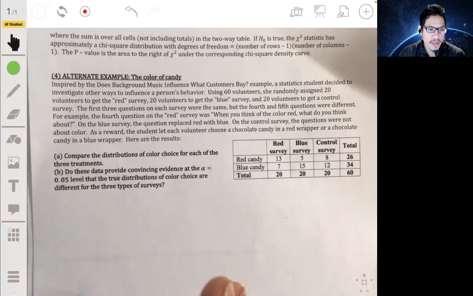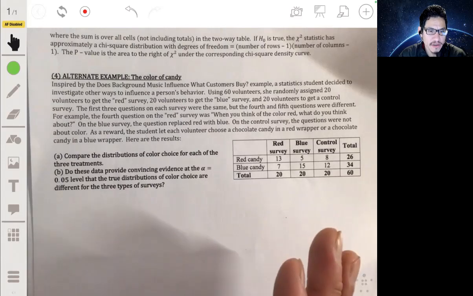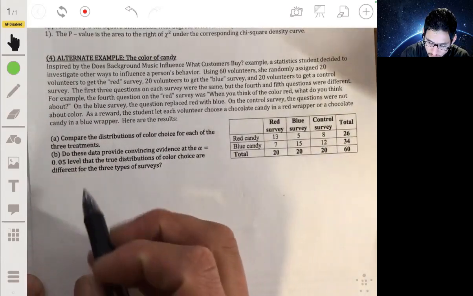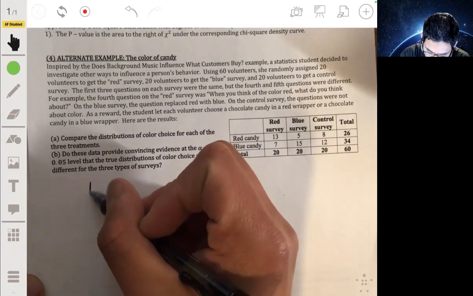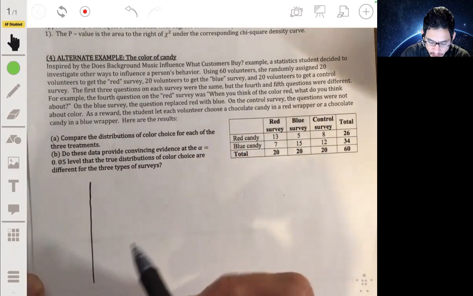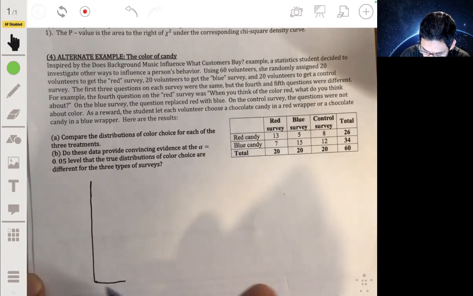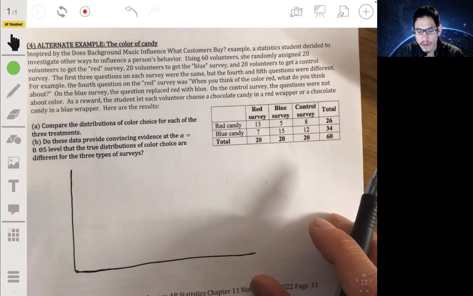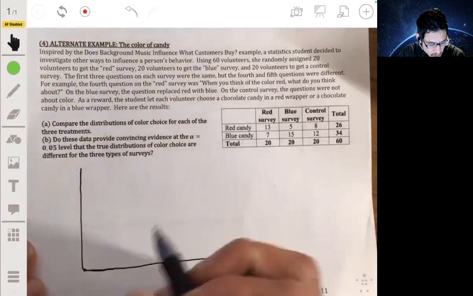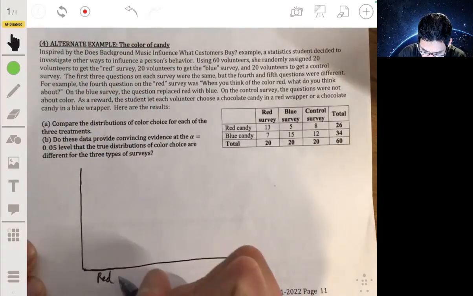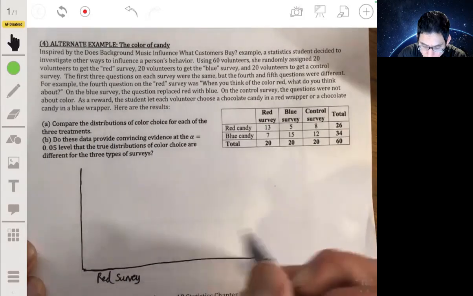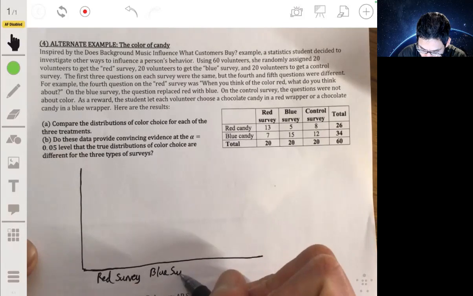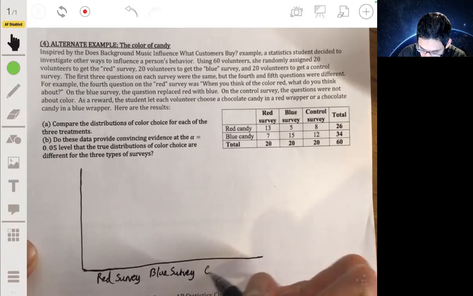So let's draw a graph to compare these so we have a visual of exactly what we want to analyze. We'll just use side-by-side bar graphs. That'll make the most sense. So we'll have one for each color survey: the red survey, then the blue survey, and one for the control survey.